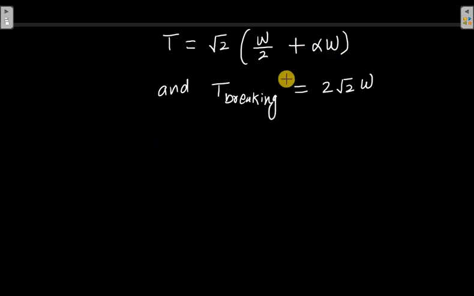If the right hand side is greater than the T breaking, 2 root 2 W, the rope will break.